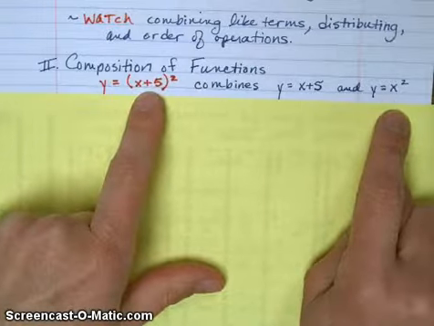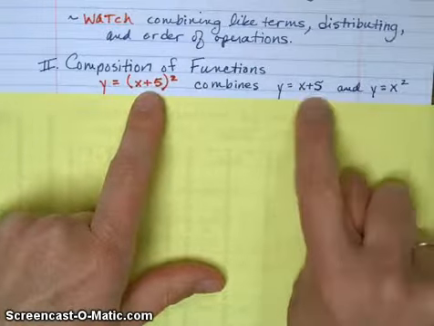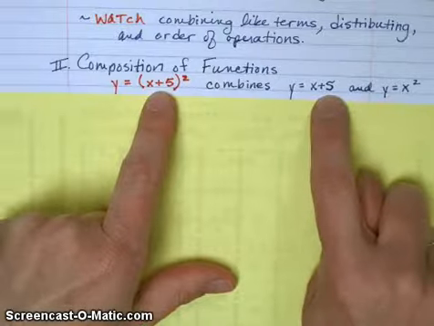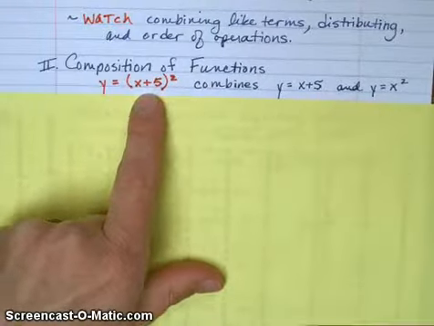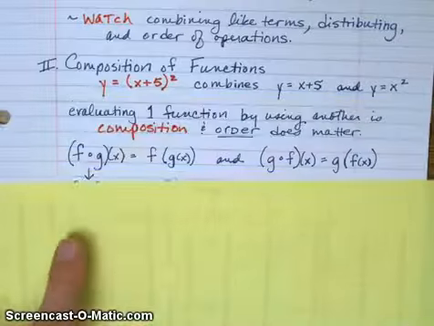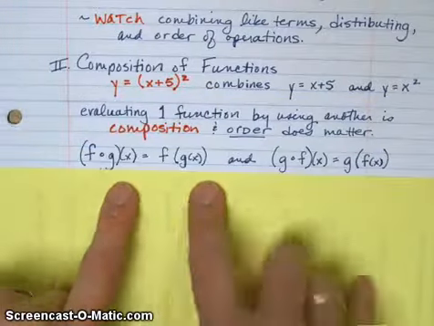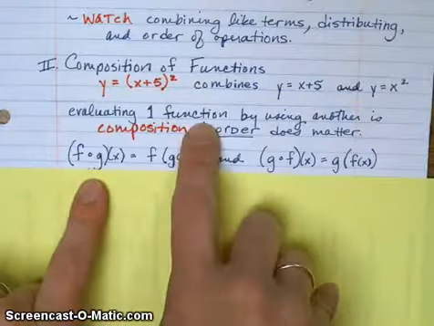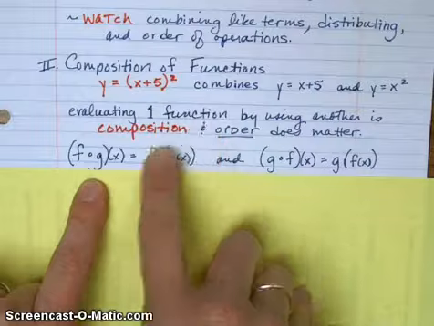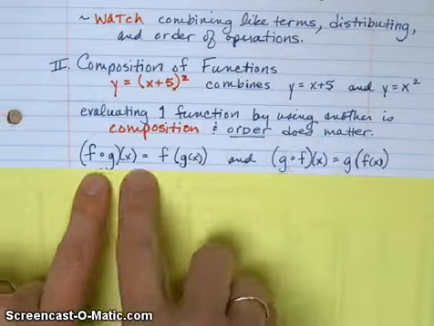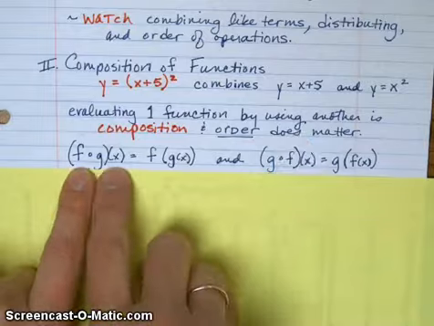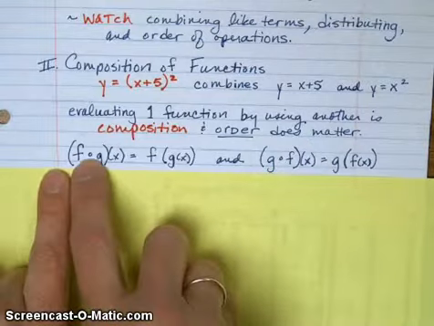All right? So when you are putting functions in functions, we denote it again with f and g. You would evaluate one function first by using another, but the order matters. We write f, and then there's an open circle.